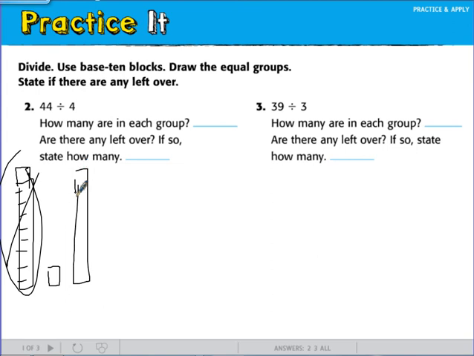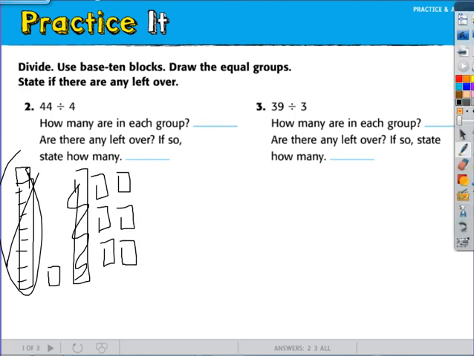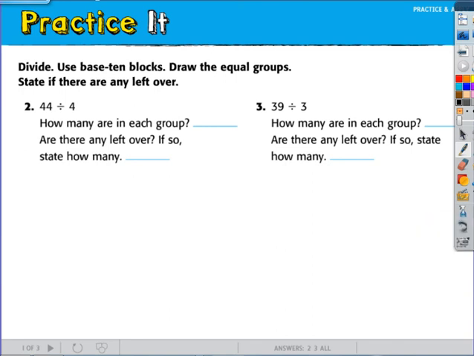All right? Know that if you're dividing by a number where you have a 10 left over, you have to break that 10 down into ones. Okay? So then you're going to have to say, okay, get rid of this and then put 10 squares in. Okay? Can you guys do that? Fantastic. So that's what you're supposed to do for tonight.